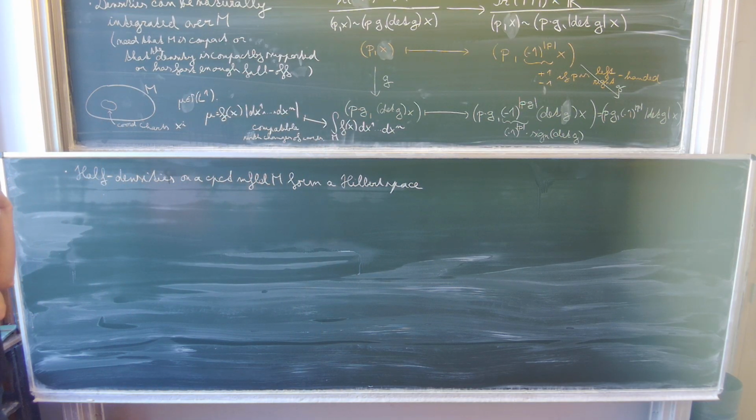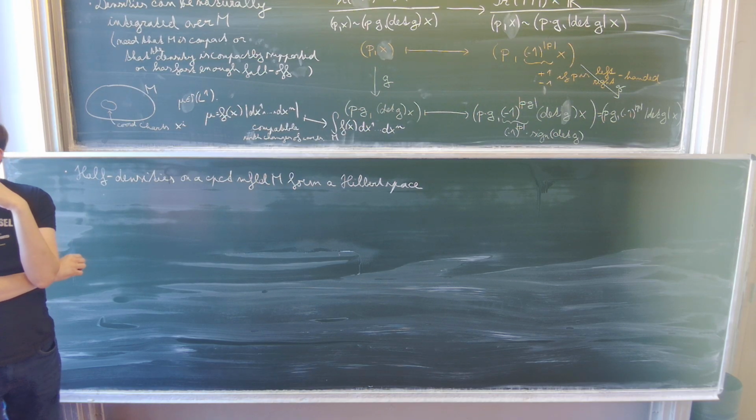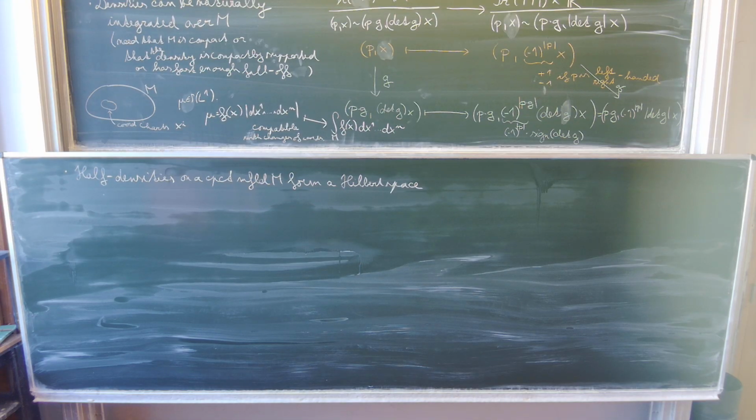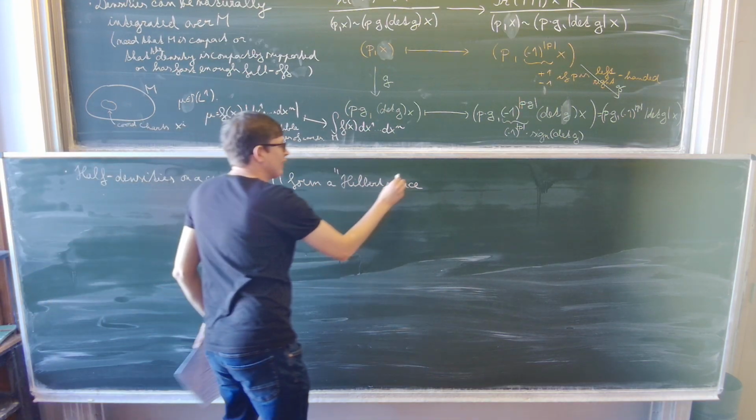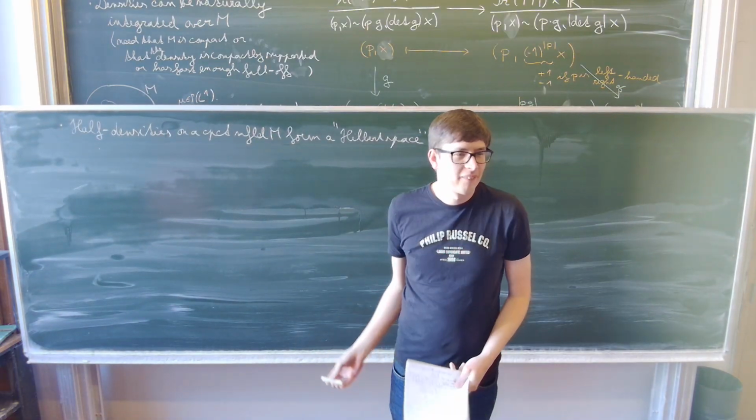Maybe I should be more careful when giving lectures. Well, here I just mean that they have an inner product on them. For a Hilbert space I would need to take L2 sections or something, which I don't really want to do, because I want to have smooth sections. This is a smooth course. Okay, but anyway, Hilbert space in quotation marks. But they have an inner product.